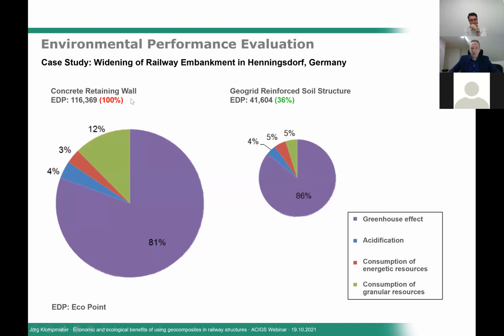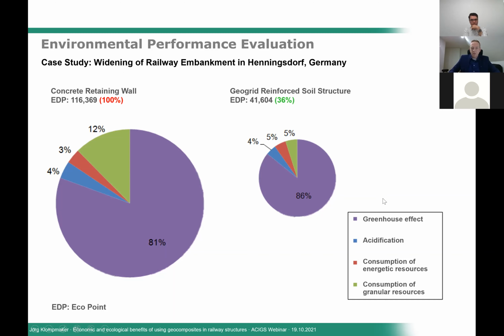So on the left side, we see the eco damage points, EDP, for the concrete retaining wall. So the higher this value, the more damage factor we can consider. So the higher the risk for the environment. So 100% value was considered for the original solution of constructing a concrete retaining wall.